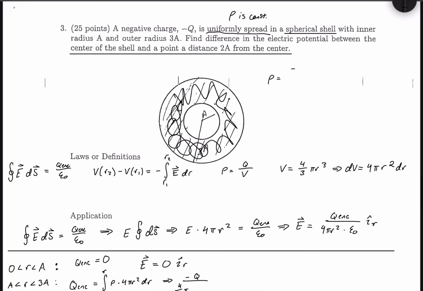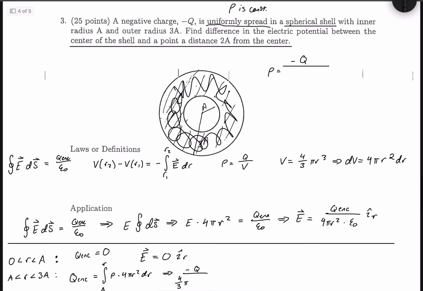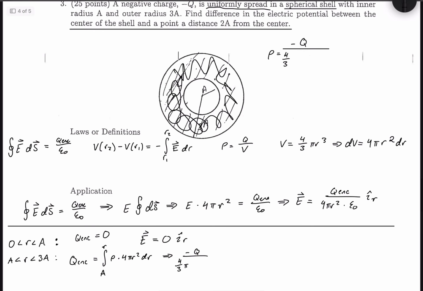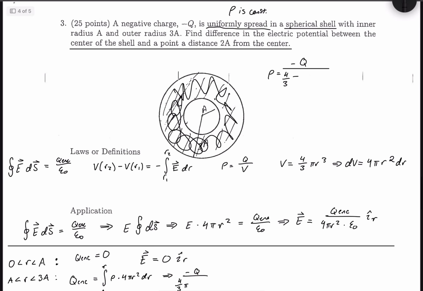So rho is the charge, negative Q, divided by the volume of this object. The volume of a sphere is 4/3 pi r cubed, and here we have 3A minus A, so we'll end up having 3 cubed minus 1 cubed, which is 26, times a cubed.